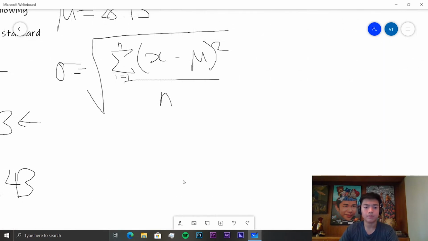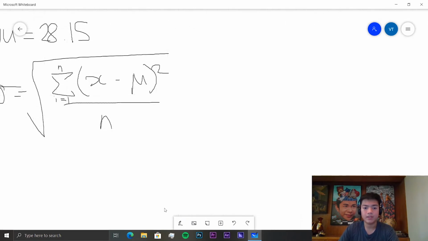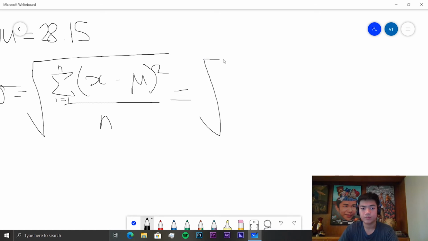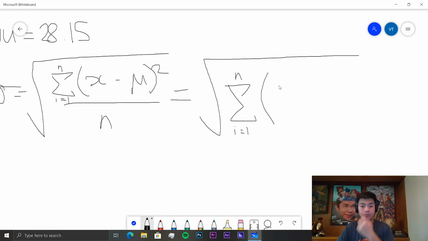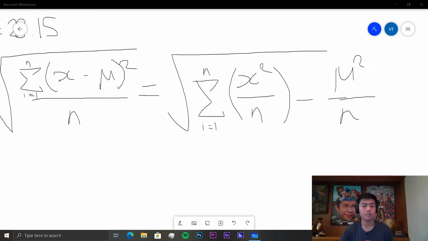So what I mean by that is that this should be equal to the sum from i equals 1 to n of x squared over n minus mu squared. Yeah, sorry, I'm back.